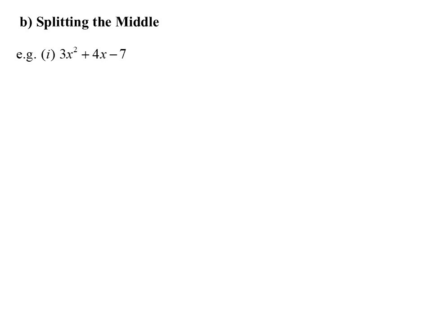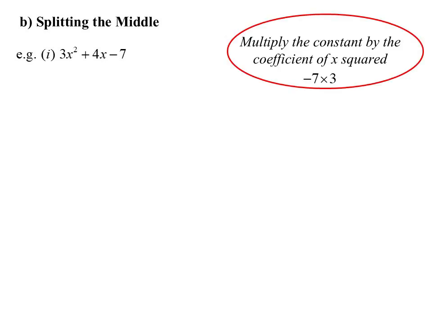But if it's not monic, there's different ways of doing it. You've seen the cross method, things like that. I like splitting the middle because it keeps me thinking the same way. So when I see something like this, it's still this idea of what multiplies together, what adds together, with a little bit of a difference. We multiply the constant by the coefficient of the x squared. So I'll say what multiplies together to give negative 21, and then what adds together to give 4.